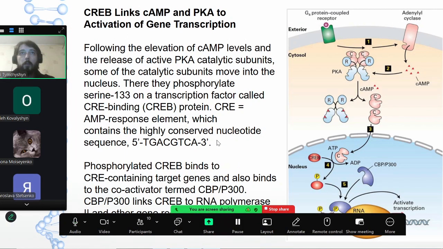Good. Here is an example of activation of gene transcription by that sort of signals. Here is an image that shows you how that happens.